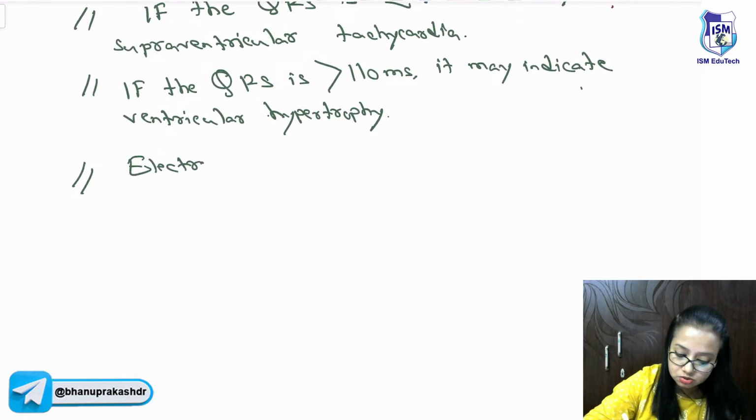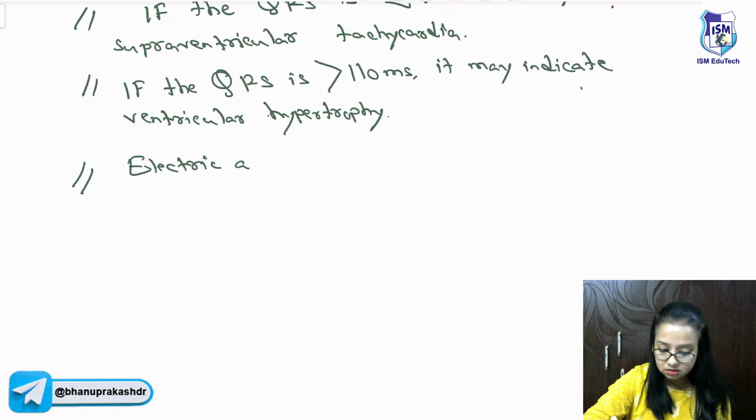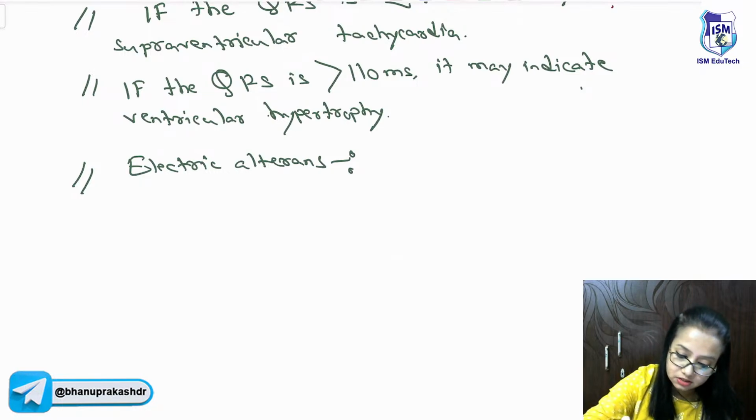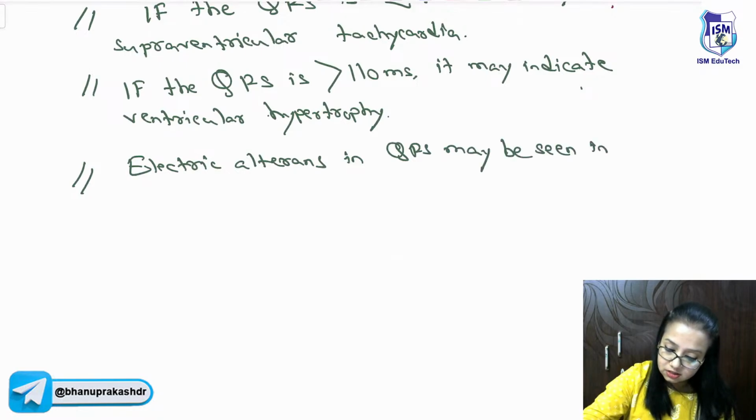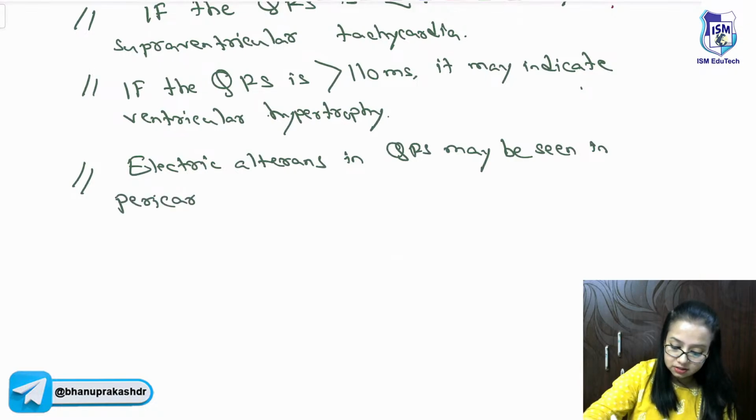Electrical alternans, which means instability in the electric recording, like in the voltage, in the QRS, may be seen in pericardial effusion.